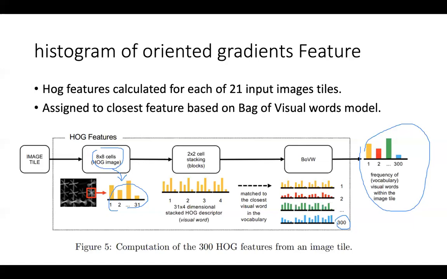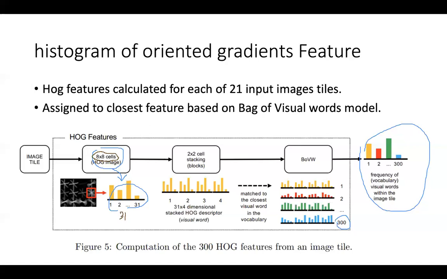I also have a question about the 2 by 2 cell stacking. What do they mean by that? Anyone have an idea? I think they do some kind of normalization. Here they have 8 times 8 cells, and for each cell you get a histogram of shape 31.